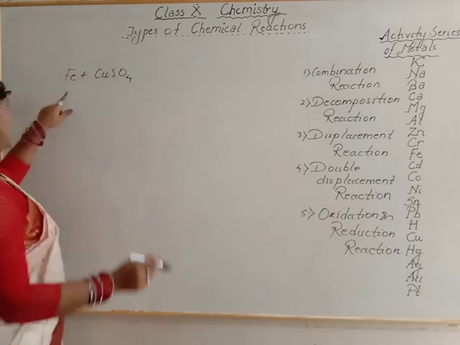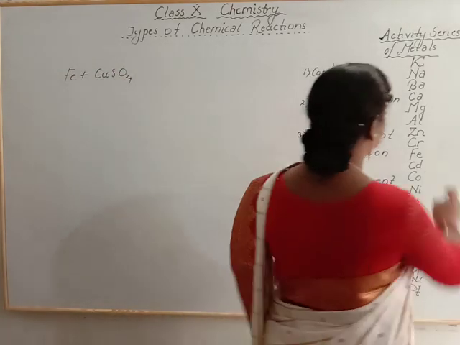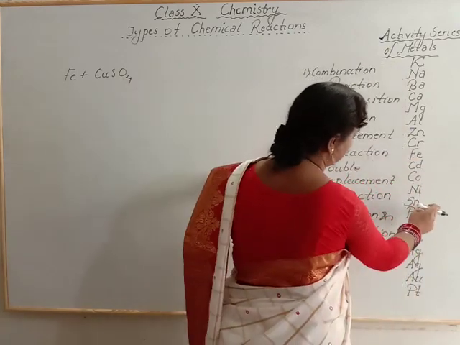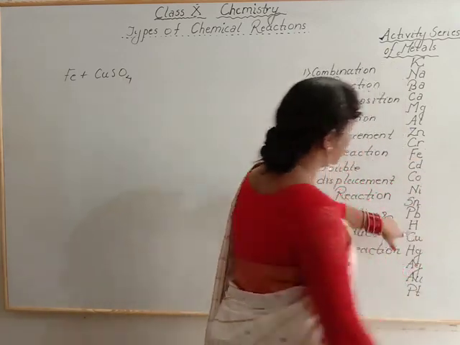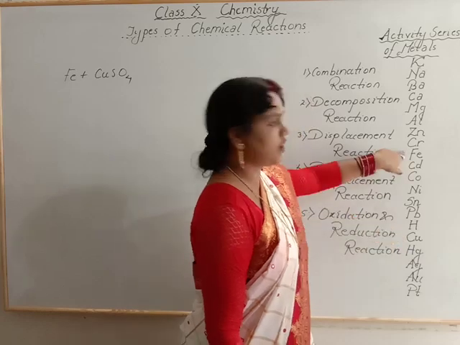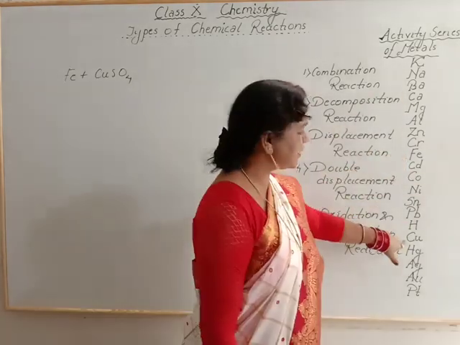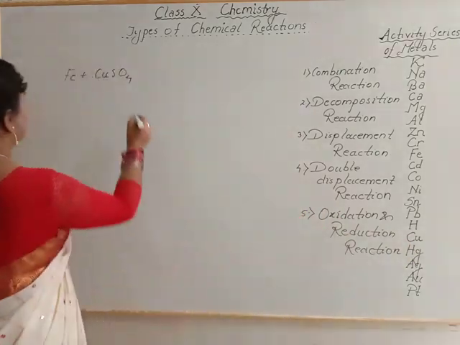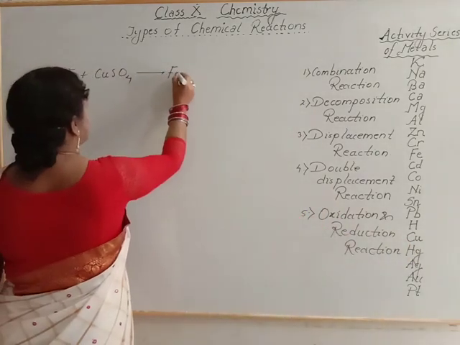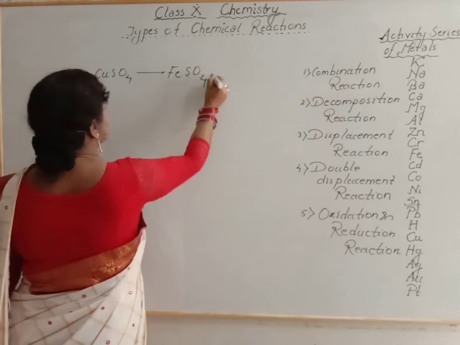You can see that iron is present here and copper is present here. So iron is above the copper in the reactivity series. So what will happen? Iron can easily replace copper and you get FeSO4 plus copper.